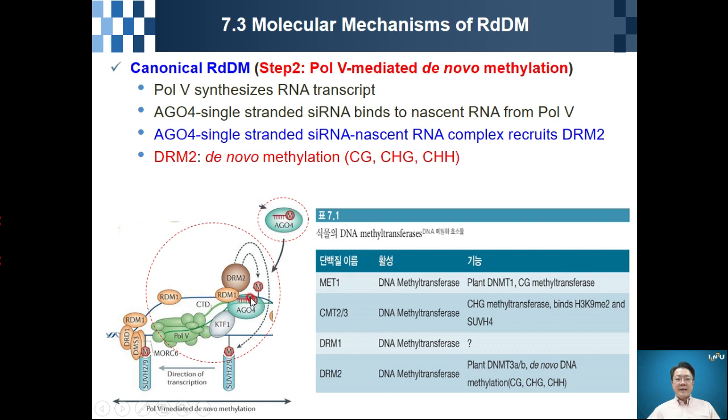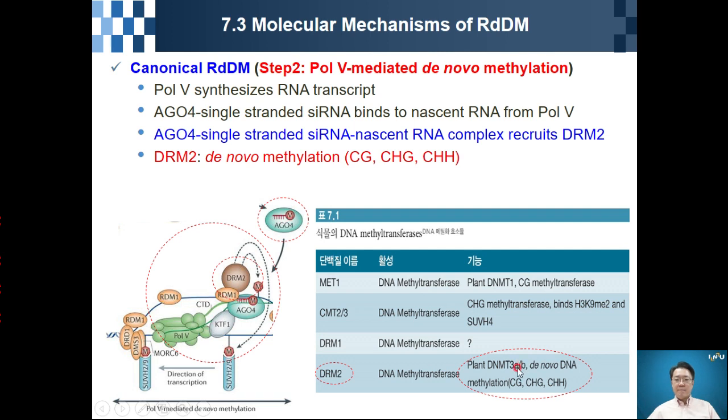Okay, so after that, the AGO4 single-stranded siRNA and nascent RNA complex recruits DRM2. The main function of DRM2 is that it functions as the plant DNMT3A or 3B.